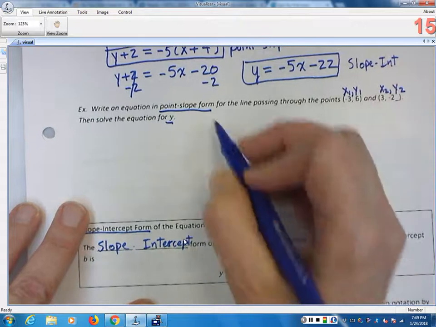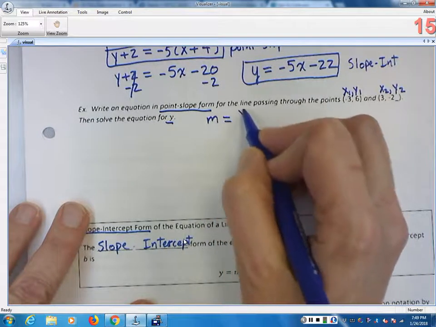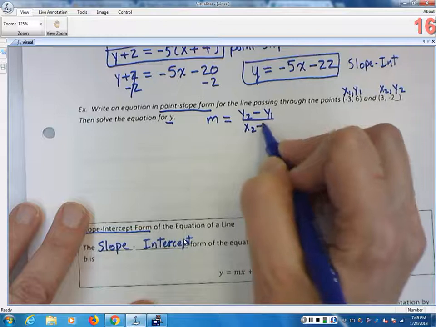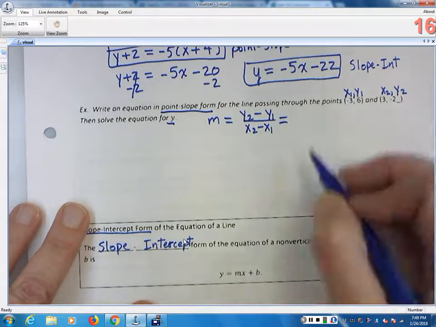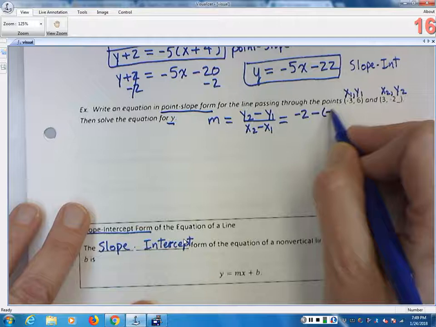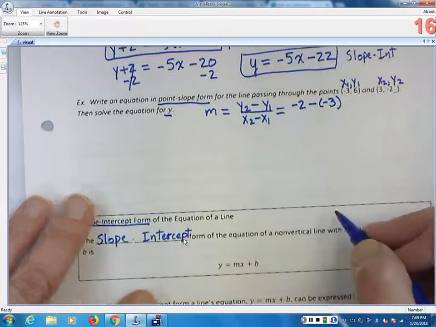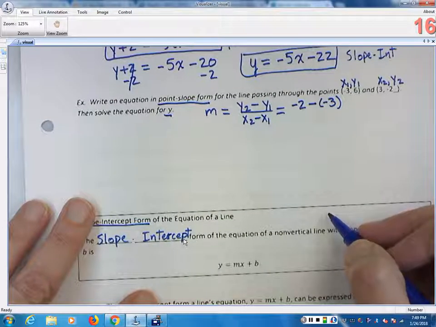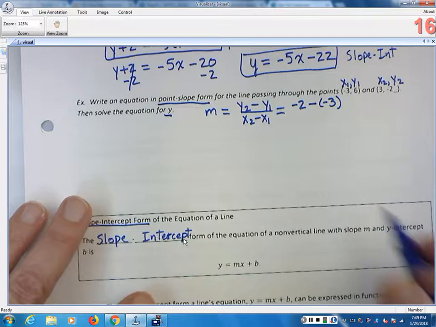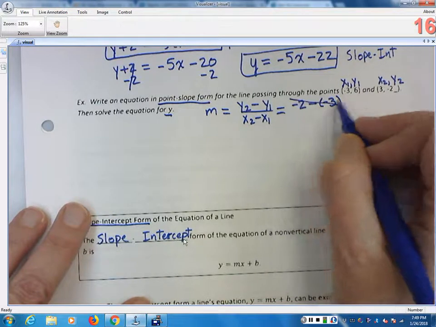We're going to find the slope first: y2 minus y1 over x2 minus x1, is -2 minus a -3. Be careful with your minus signs. Nope. What's wrong with that, guys? I'm getting tired. That's what's wrong with it. Let's start over.